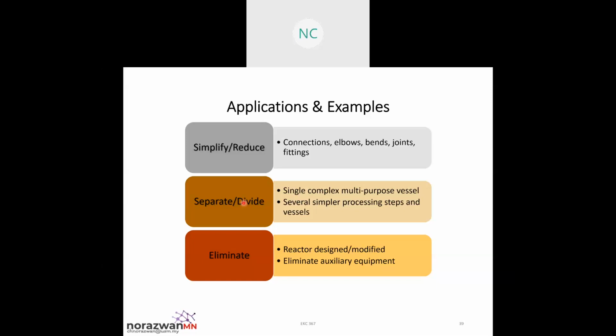Okay, how we can eliminate the rated design, how we can eliminate the auxiliary equipment. Instead of using wires, now everything is wireless. You have your earphone that is wireless. Wireless earphone.